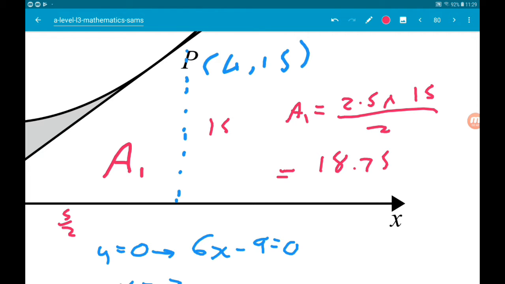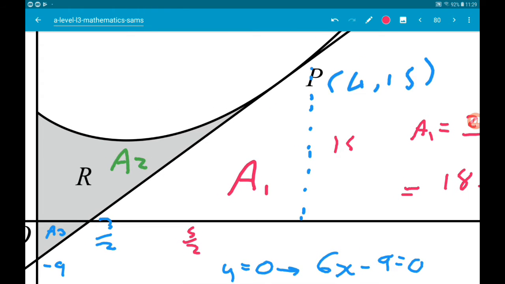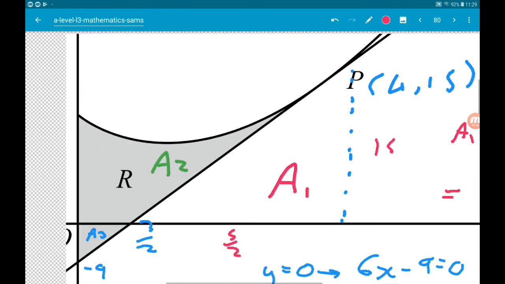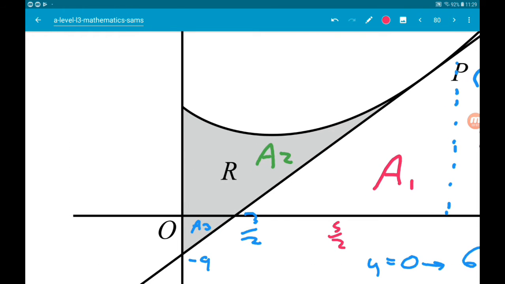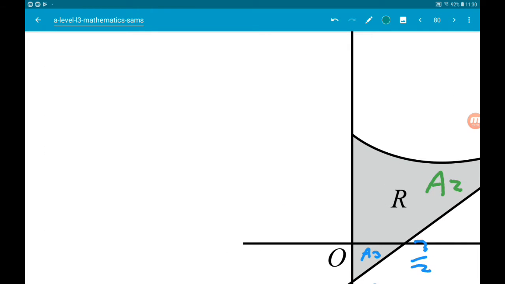Now remember that we know A1 and A2 is 36, so we can now work out A2, which is part of what we want. So A2 is 36 minus 18.75. And that gives us 17.25.